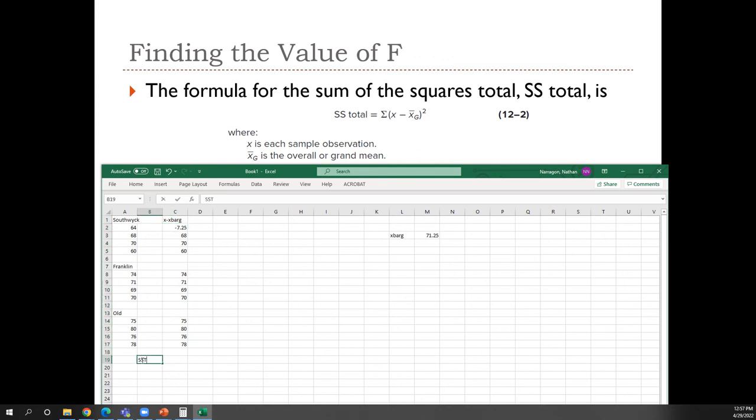Okay, next, remember, this is the sum of these. So to find SS total, we're going to equal the sum of all these.